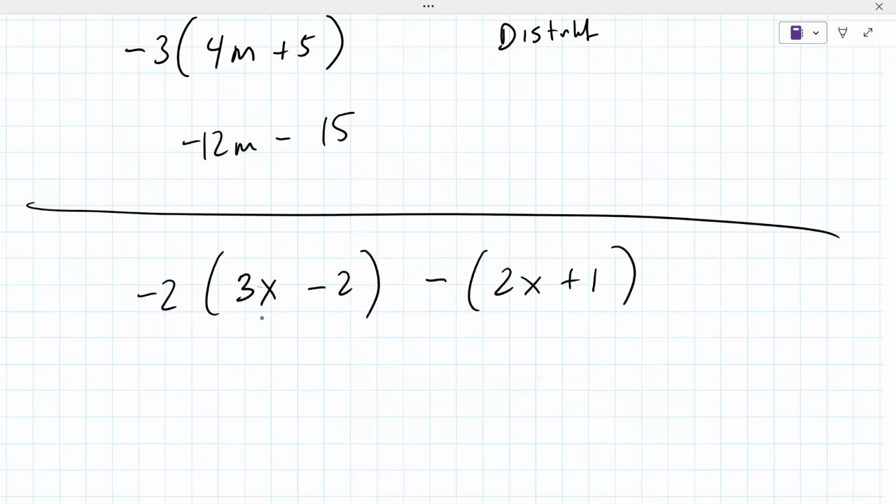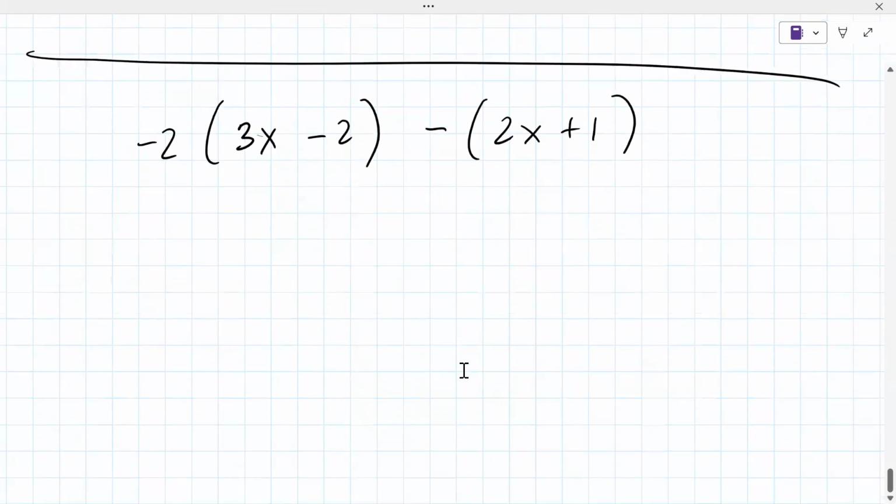Something like this. Negative 8x minus 5.